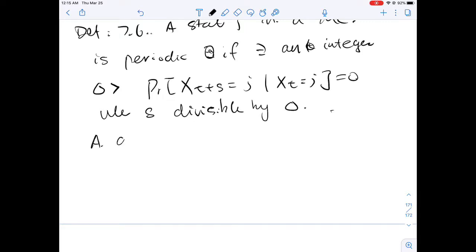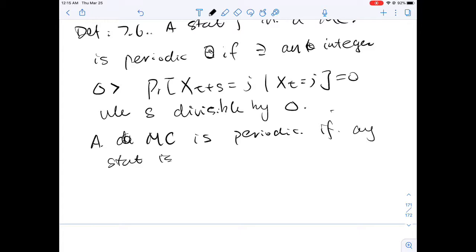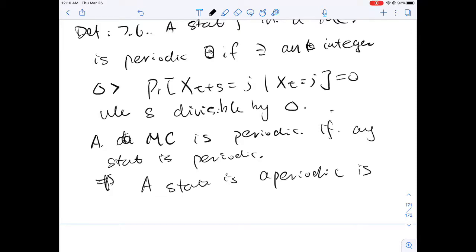And then we say that a Markov chain is periodic if any state is periodic. And we also say that a state is aperiodic if it is not periodic.